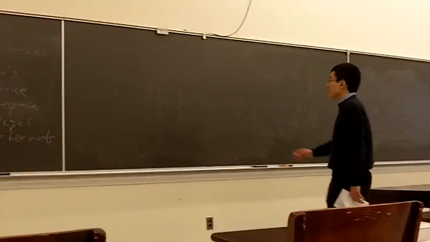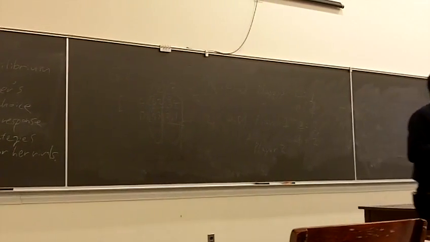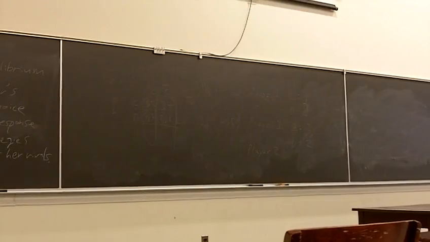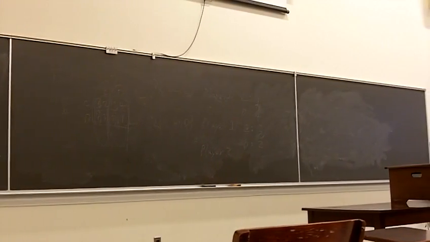Excuse me, I didn't get you. If it's all equal to 4, then player 1 doesn't get any benefit choosing between C and D because it's the same. But if you choose D, then it's better for player 2. Yes, that's right. But still there's no equilibrium. The reason is each player's strategy choice has to be a best response, not only for player 1, but also for player 2.